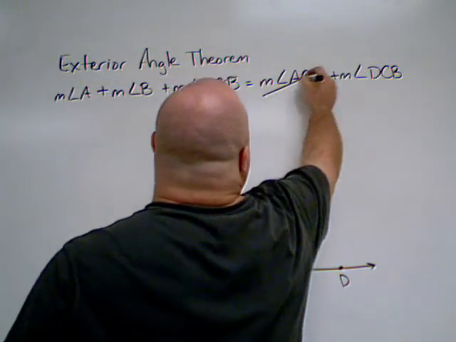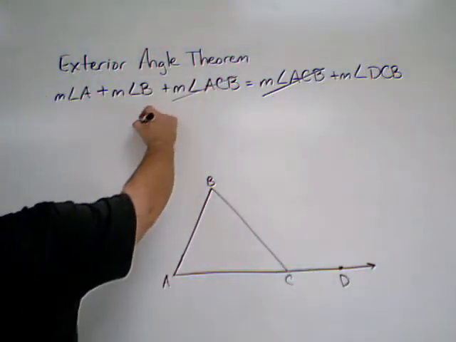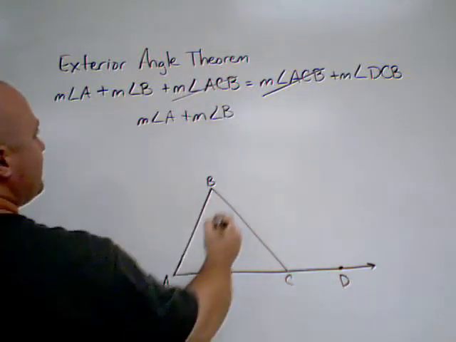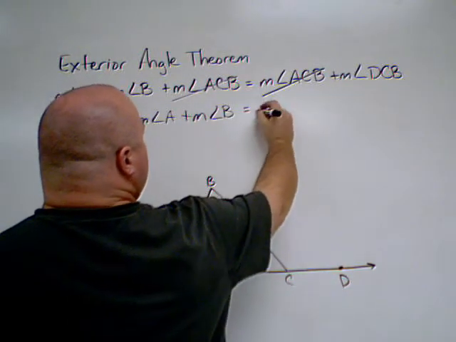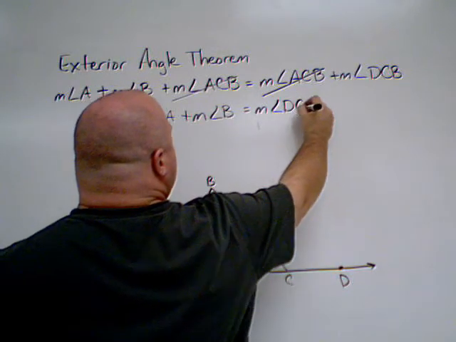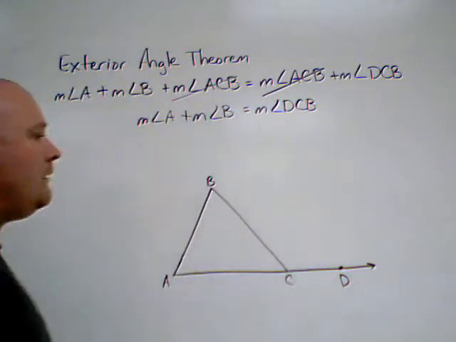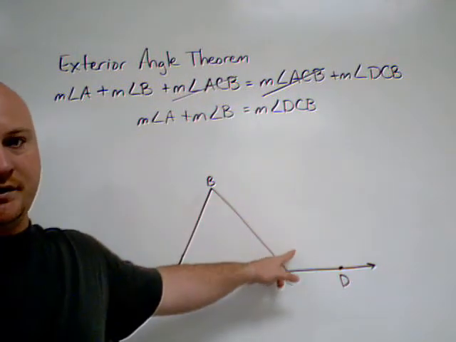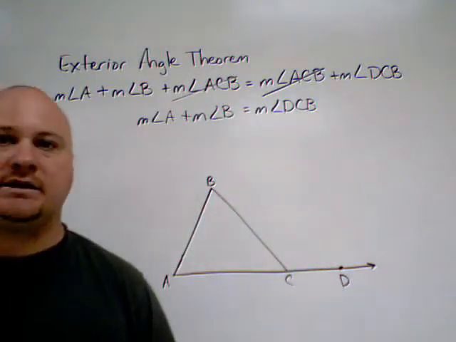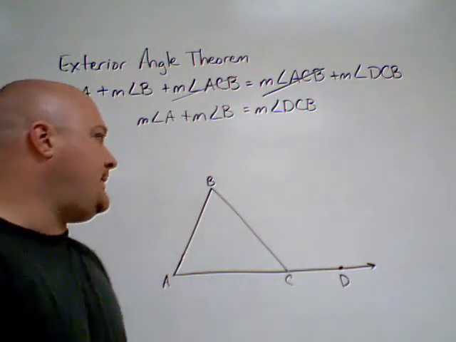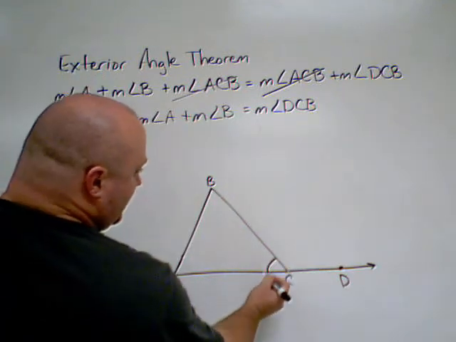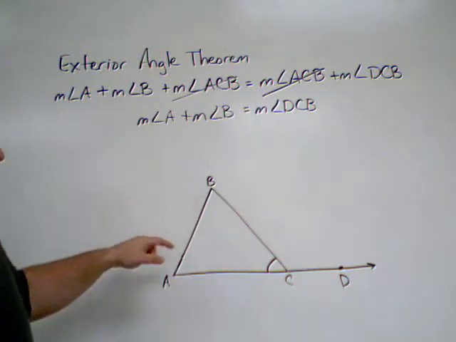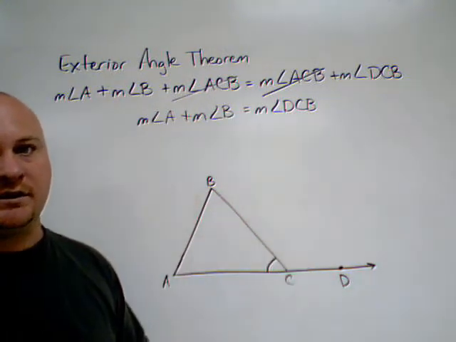So those can go away, and all I'm left with is the measure of angle A plus the measure of angle B equals the measure of angle DCB. What that tells me is that this angle plus this angle equals my exterior. That's exactly what the exterior angle theorem says. Because this angle inside is shared in both the triangle and the straight angle, the sum of these two has to equal my exterior.